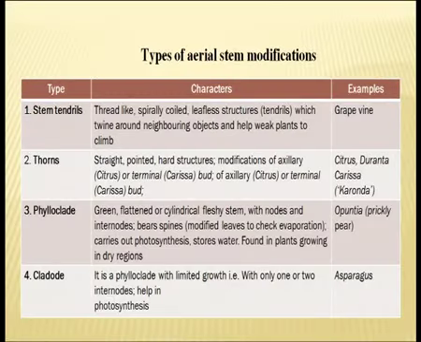Now, there are certain other modifications called stem tendrils, thorns, phylloclades and cladodes. They help the plant in climbing up. Stem tendrils, you must have seen, are thin rope-like structures which gather support around them, and they wind themselves on wires or supporting trees, and they help the plant stand erect and let the leaves perform the function of photosynthesis.